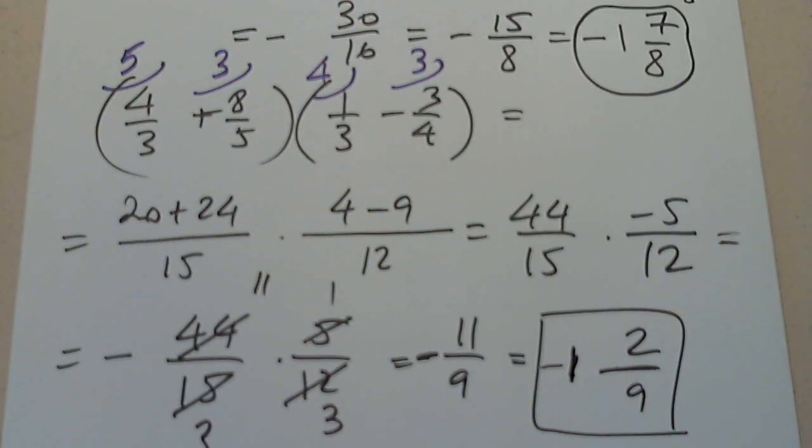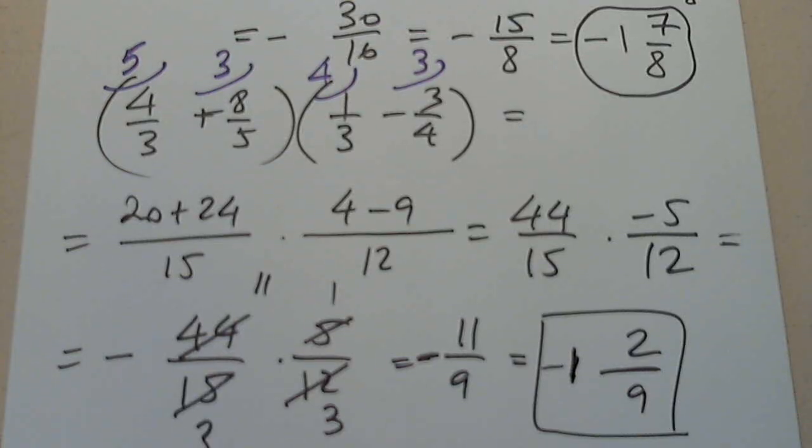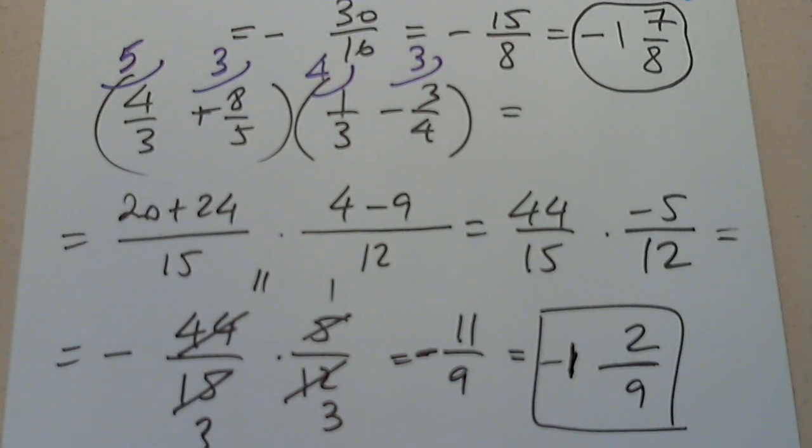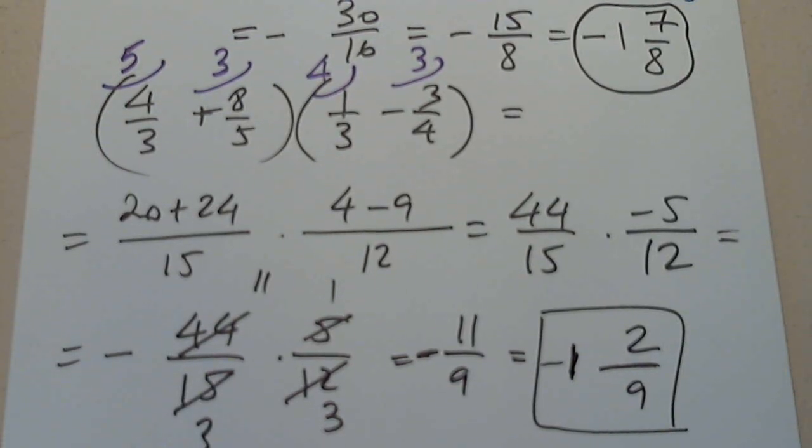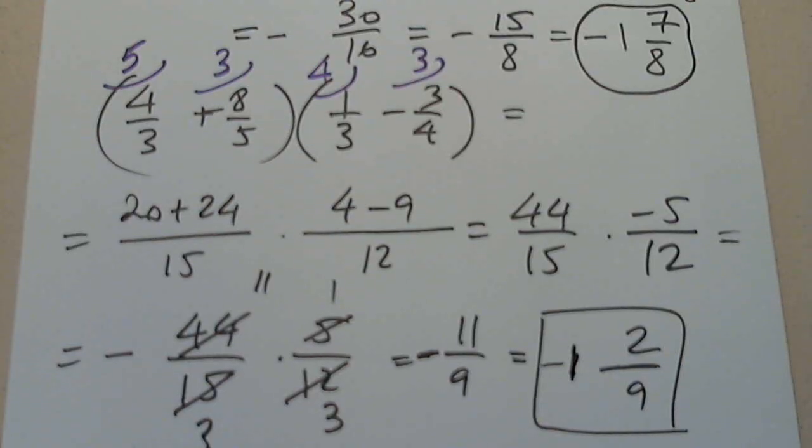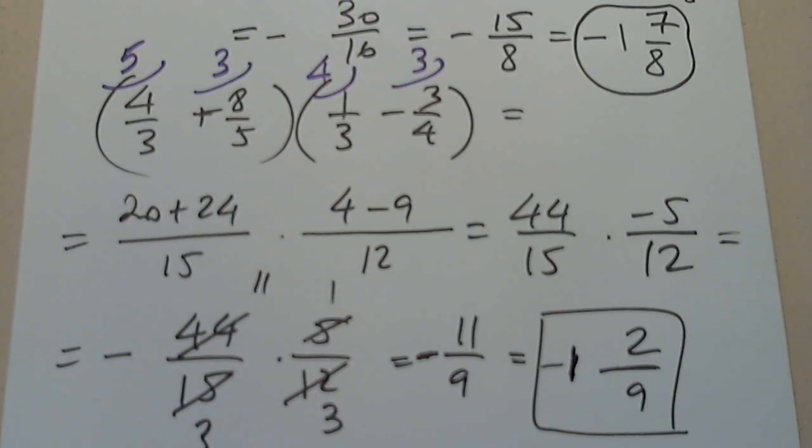Okay, good. The next problem I would like to work on is we are given this expression. We are asked to evaluate it for x equals negative 3/4 and y equals 3/4. Okay, let's work on this for 1 minute.